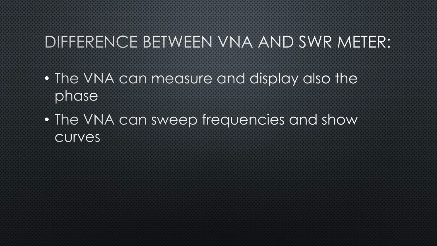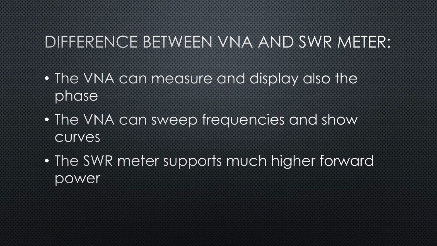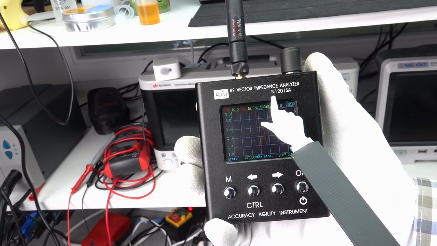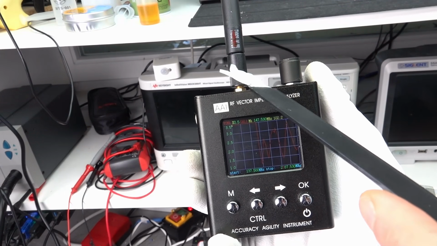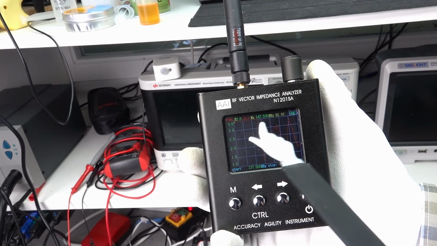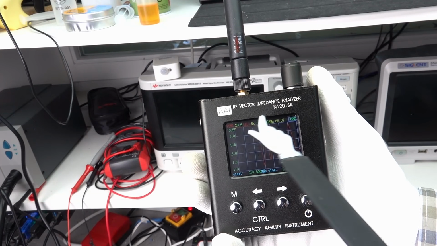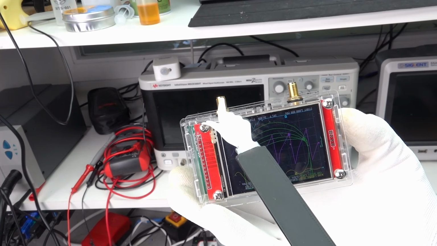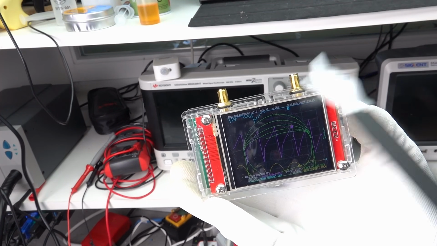Because the VNA has a built-in transmitter, it can sweep frequencies and show curves. The SWR meter often is built for much higher forward power. So, a one-port VNA like this N1201A is sufficient to characterize antennas. Why does this NanoVNA have two ports?